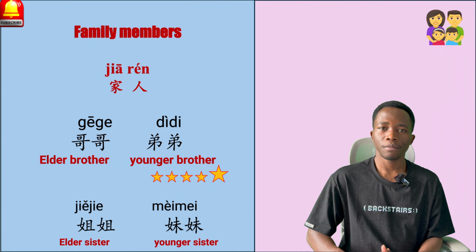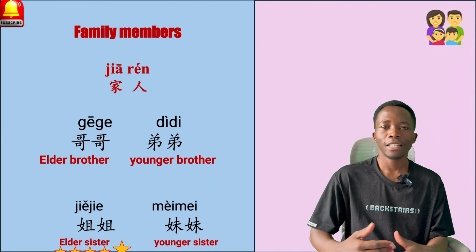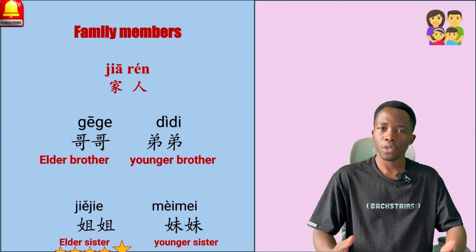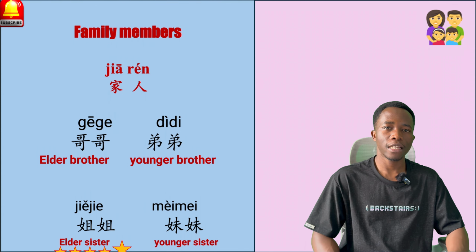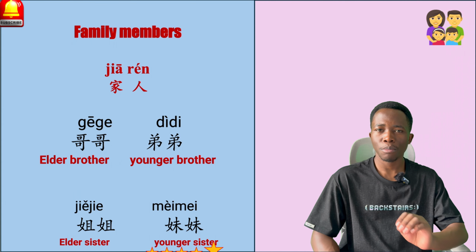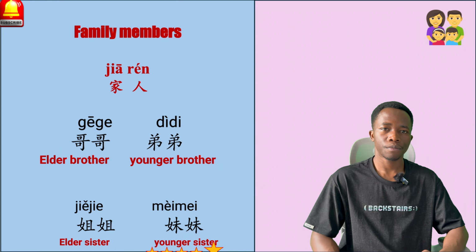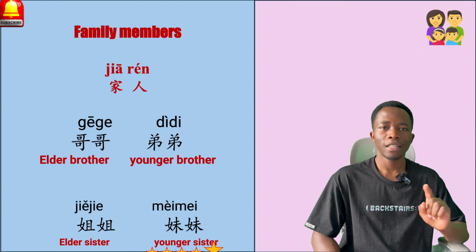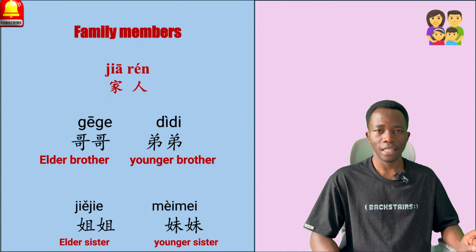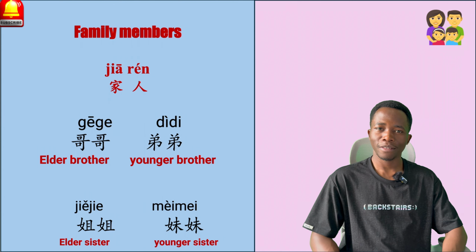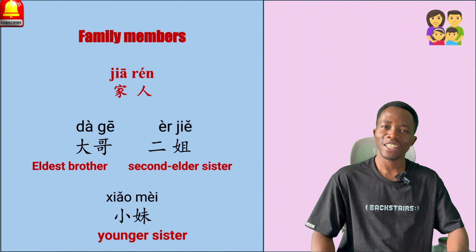For sisters, elder sister is 姐姐. And the younger sister is 妹妹. 哥哥, 弟弟, 姐姐, 妹妹. Easy, fine?